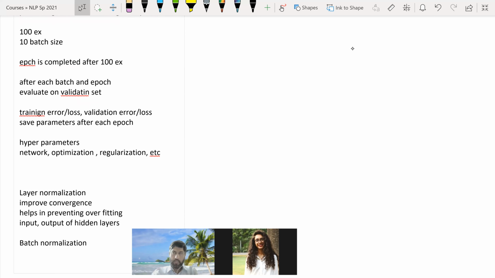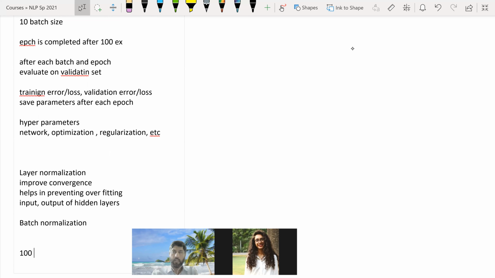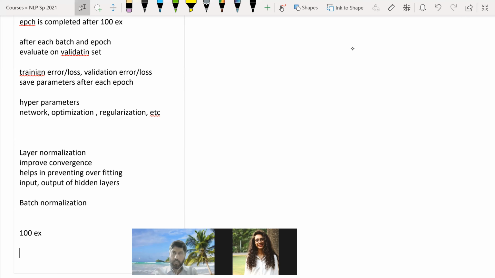So batch normalization, as the name suggests, is done after processing a batch of examples. So let's say you have 100 examples as a batch. So once you have processed 100 examples, let's take that you want to normalize a hidden layer, and its output is the vector A, as we had used the notation before.